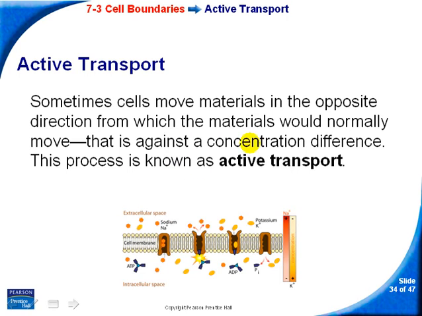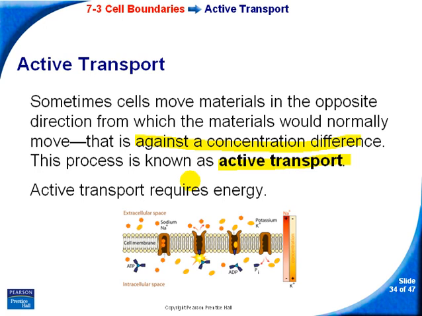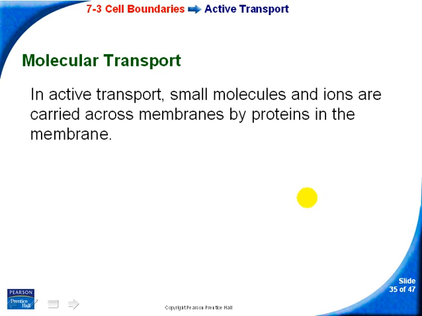Now, active transport is when we want to move it against the concentration gradient, against the concentration difference. This is called active transport. Normally, the molecules won't want to move through the membrane, so they'll need to be forced through the membrane to go from an area of low concentration to an area of high concentration. This requires energy.